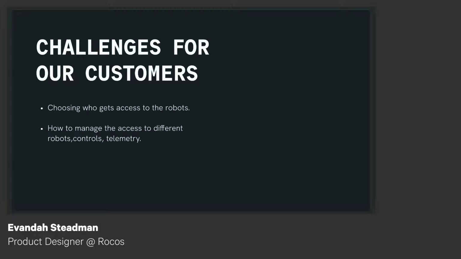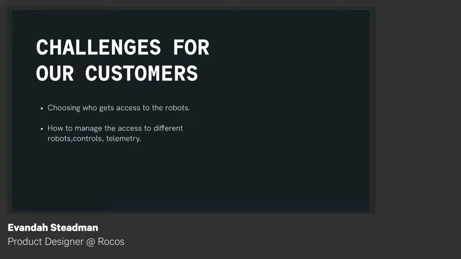And some of our challenges for our customers are actually more on the boring side. It's more around security. So for example, they don't want someone to accidentally get control of their robot. There's a lot of hackers out there, and then just send their robot straight to the bank, rob the bank.